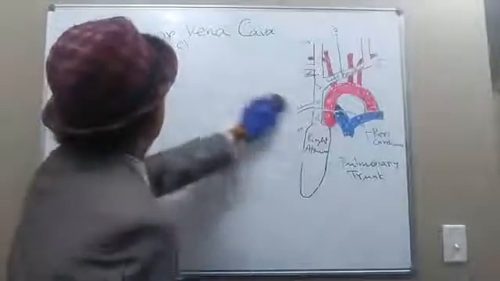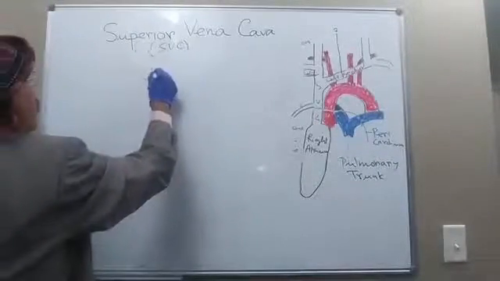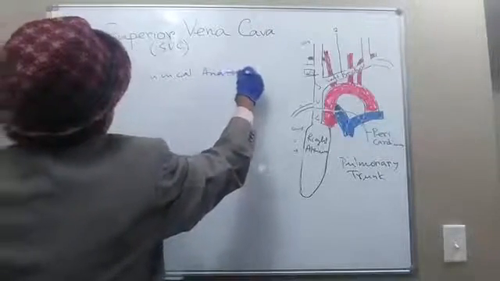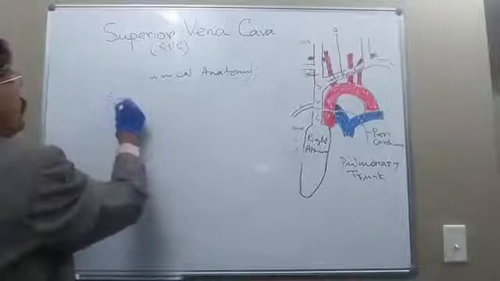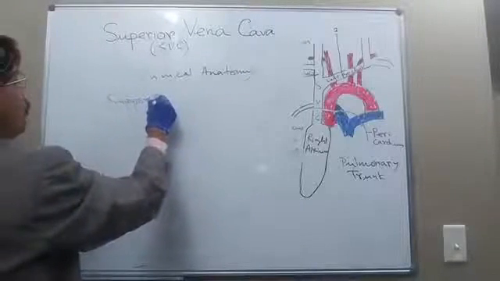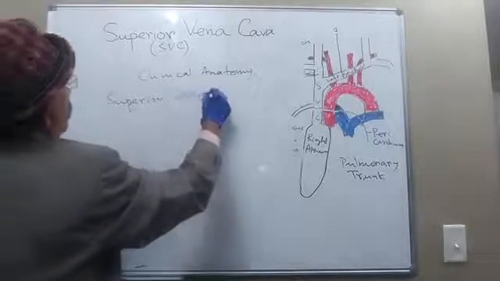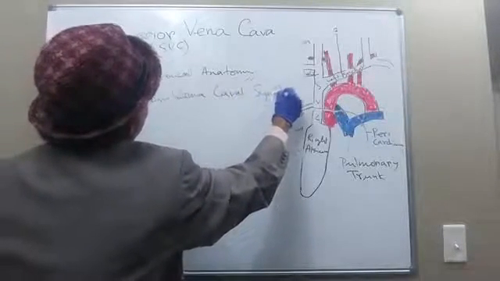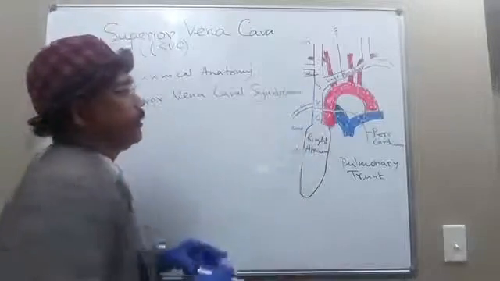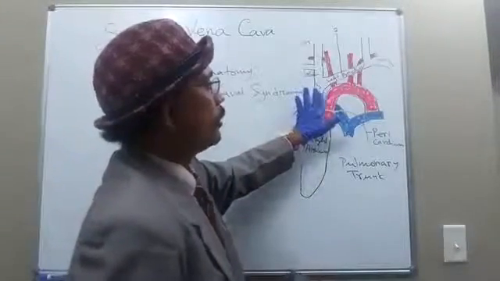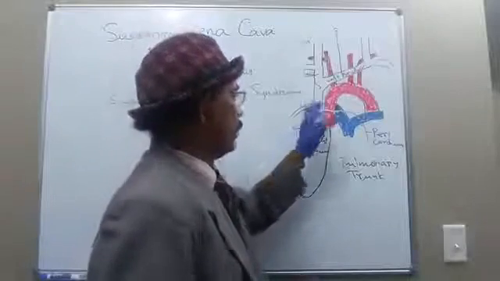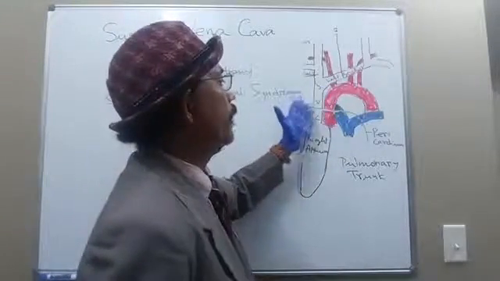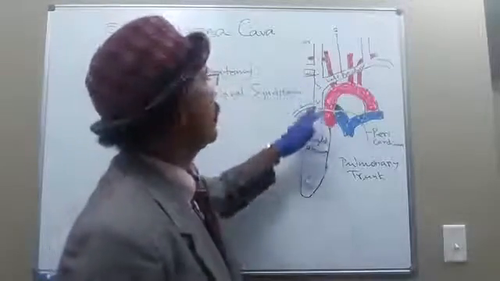Another clinical anatomy is called superior vena cava syndrome. This happens when there is compression of the superior vena cava, and the azygos venous system or inferior vena cava may not be able to compensate very quickly.